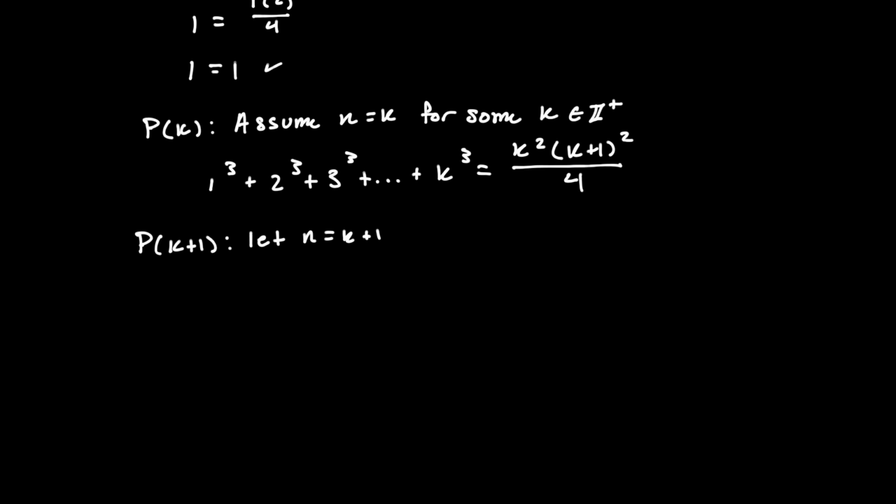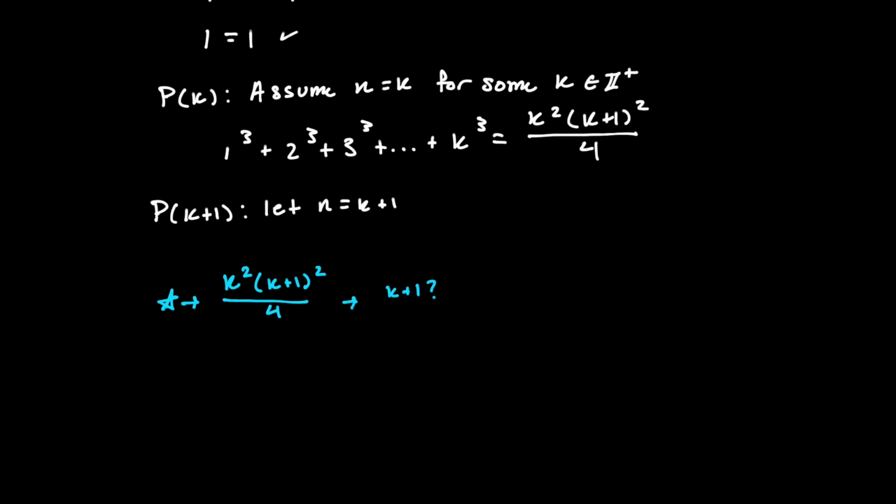Now, before we get into the math here, it's helpful to take our original assumption, k squared times (k plus 1) squared divided by 4, and imagine what it would look like for k plus 1.